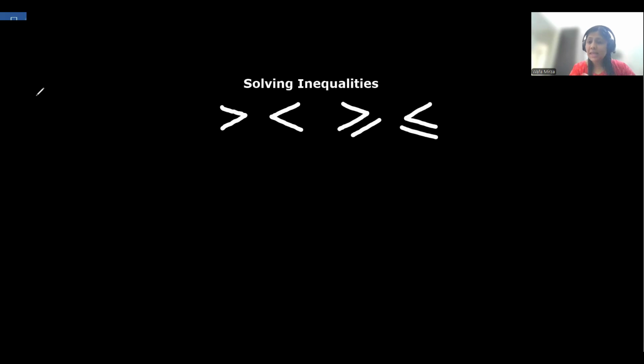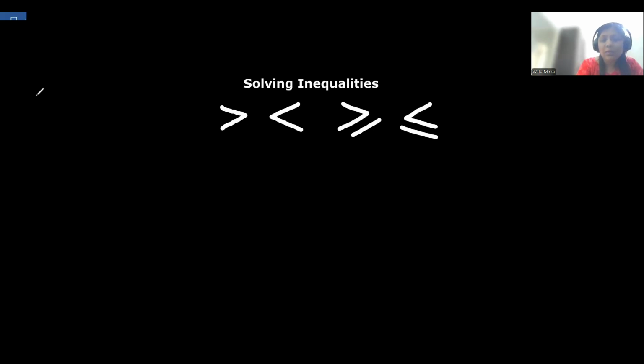If in any algebraic expression you are having these signs, then it is called algebraic inequality. To solve an algebraic inequality and an algebraic equation, you have the same rules, except you have one additional rule while solving algebraic inequalities. What is that rule?